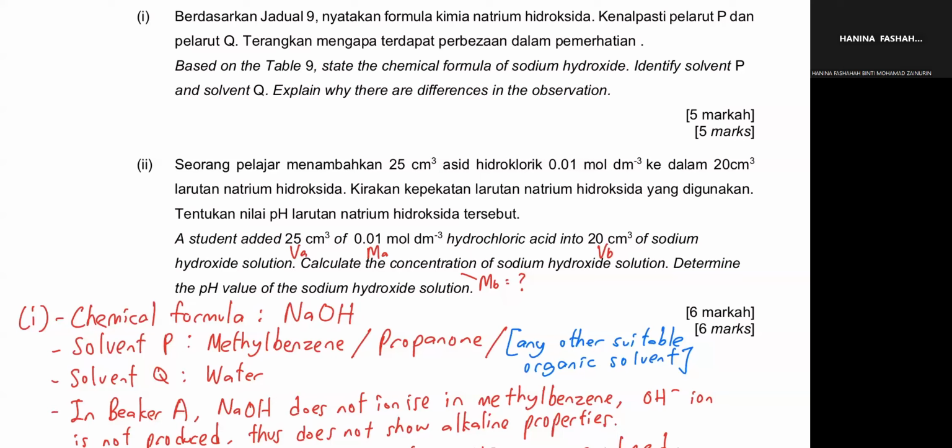For example petrol, alcohol, cooking oil, all these are organic solvents. Oil is also liquid form, but it is not water. All these are considered as organic solvents.